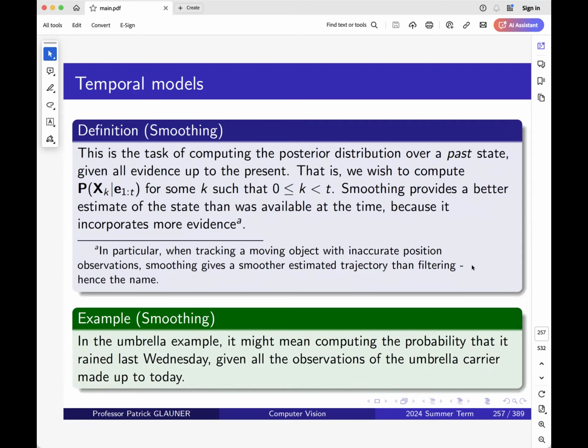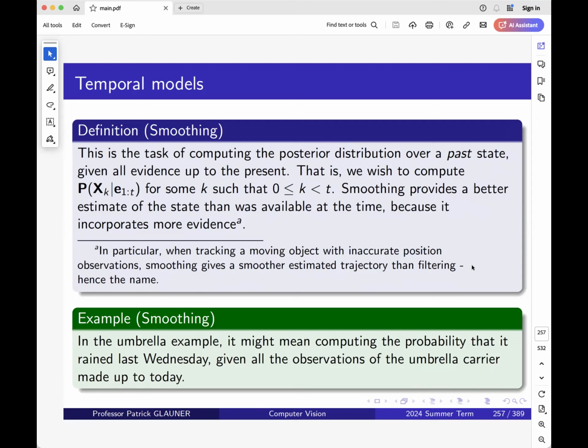And with smoothing, we can in fact get a better estimate of a past state than was available at the time, because we have got more evidence in the meantime. For example, smoothing is used when tracking objects with an inaccurate position, because we get more evidence over time, and then looking again at these past states, we can estimate a much better trajectory than with filtering.